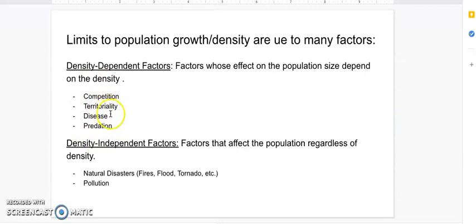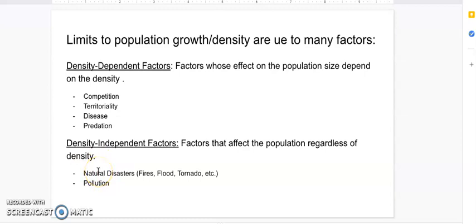Areas that are more dense are going to have higher rates of disease, more competition, more predation. So they're going to have more predators in the area. Whereas in less dense areas, this stuff might not be as big of an issue. So these factors are completely dependent on how dense the actual population is. But obviously, if I have a dense population and we get disease, that density is going to start to decrease. So that's how it affects that density.